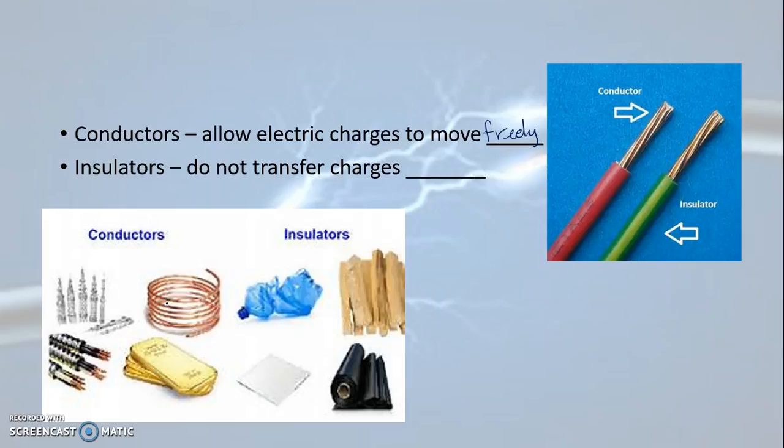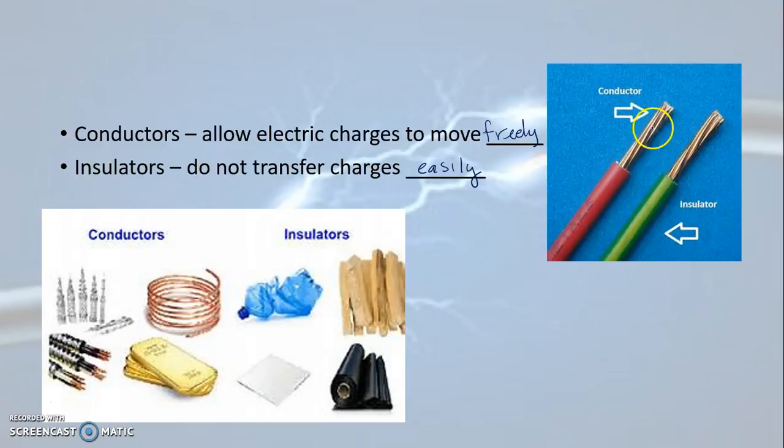and then your insulators are things that do not transfer charges easily. They do actually allow some charges to go through, but they don't allow it to happen easily. So they try to prevent, but don't completely prevent. And examples of those would be plastics and rubbers. And right here is a copper wire that has been coated in a rubber casing, right?